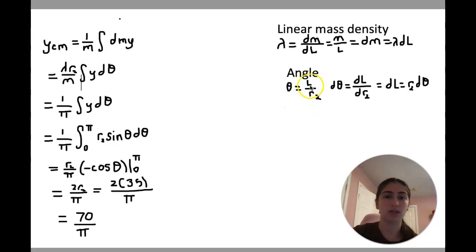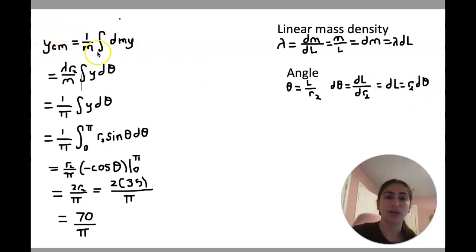So we have the angle equals L over the outer radius. This then also equals d theta, which equals dl all over our outer radius, or r2. We then want to solve for dl. For the same reason we solved for dm, we will be able to directly plug in what dl equals. So dl equals r2 d theta.